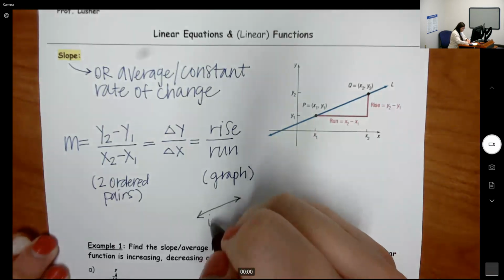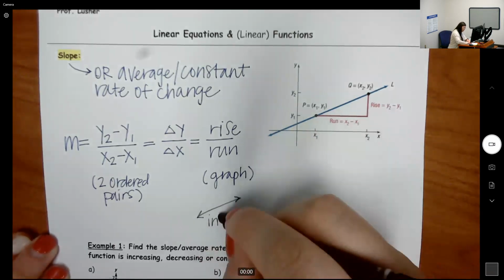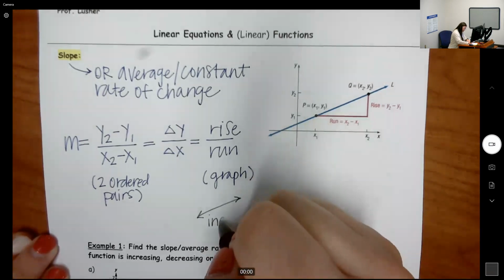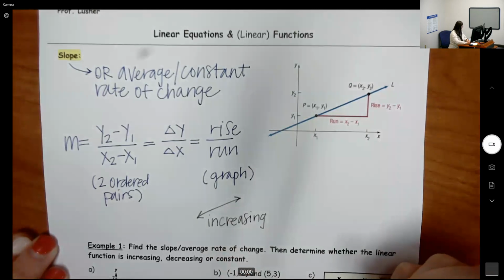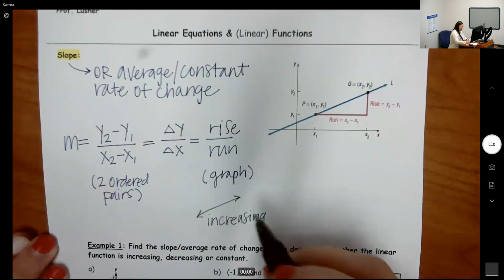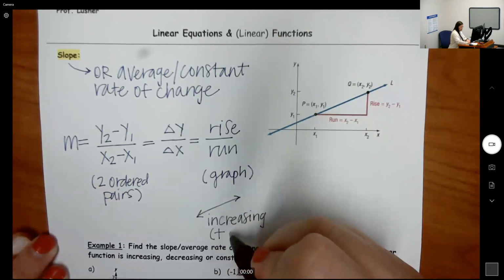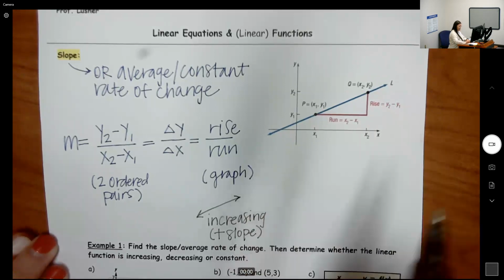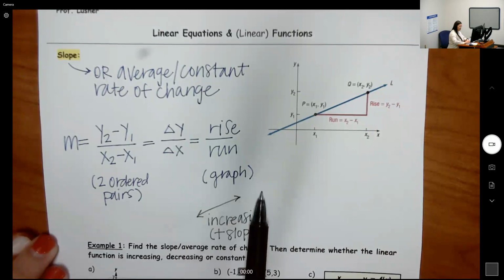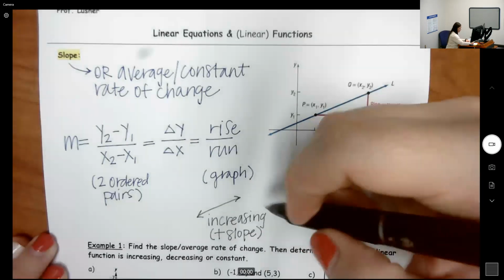We call this an increasing slope. And when it is increasing, your slope will always be positive. If it is going up from left to right, just like you read, it is increasing.